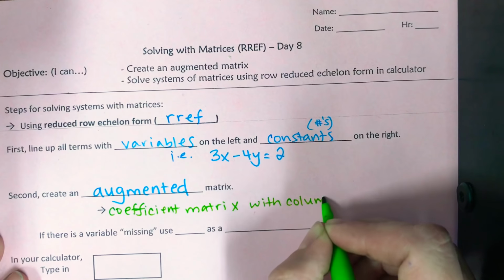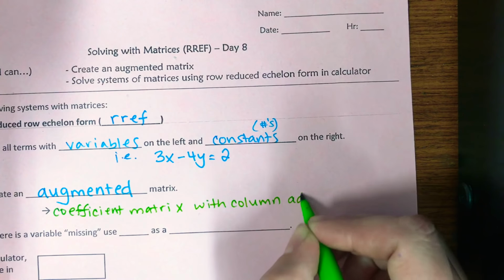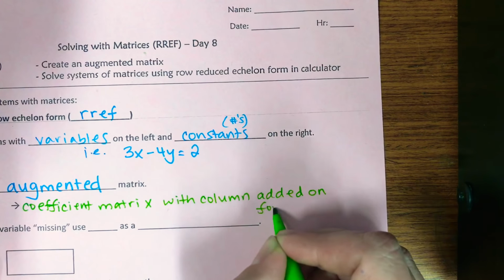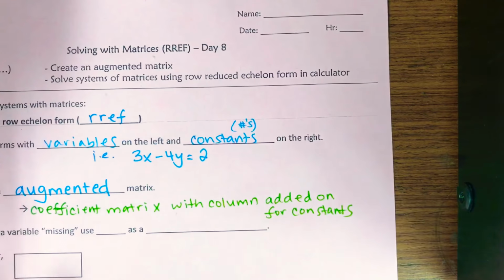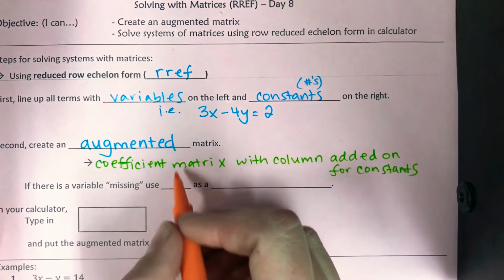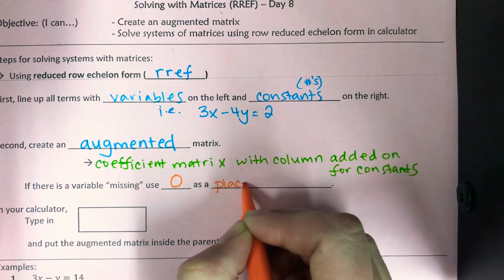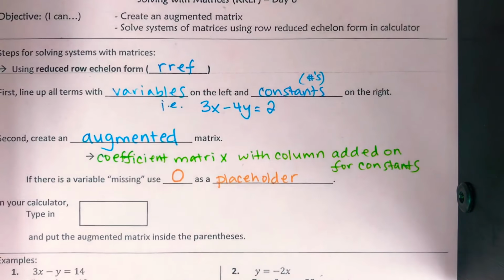So we just add a column onto the side, and you can put that it's for the constants. If there is a variable missing, then we need a placeholder, which is going to be 0. Whenever you see a variable missing, you'll just put 0 in there.